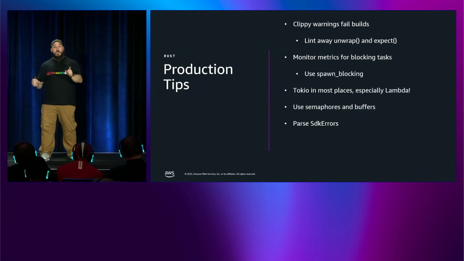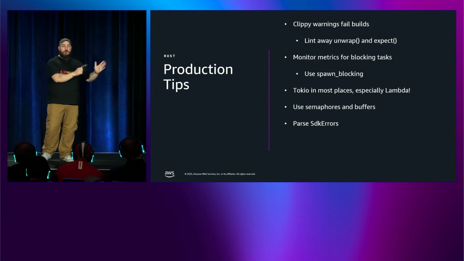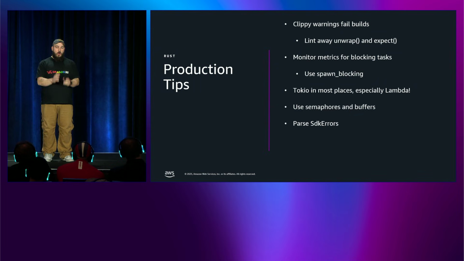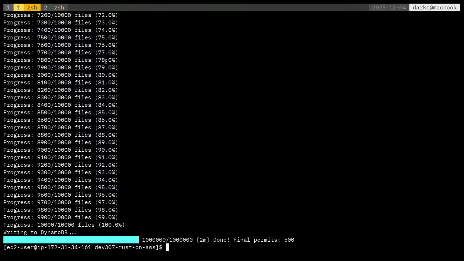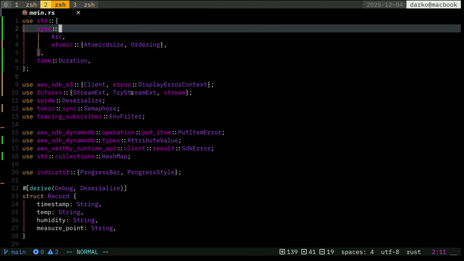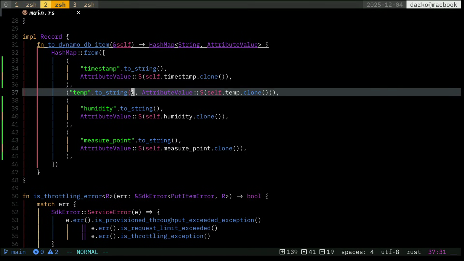Lastly, when working with SDKs, specifically an AWS SDK, please parse the SDK errors. AWS SDKs are really good when it comes to errors, and I'm going to give you an example of this in an application I work with. I have a little function here at the beginning that parses my SDK error.